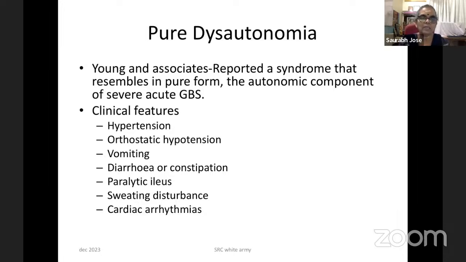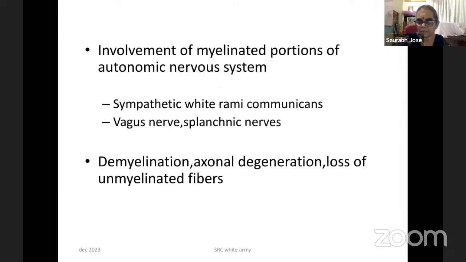And when the diagnosis is missed and treated as a systemic disease, they carry a high mortality. So autonomic involvement should be suspected when the symptoms are acute onset. In a situation where an outbreak is going on, you should be very cautious. They should not be treated as pure hypertension or pure diarrhea. They should be treated on the merit of a neuropathy.